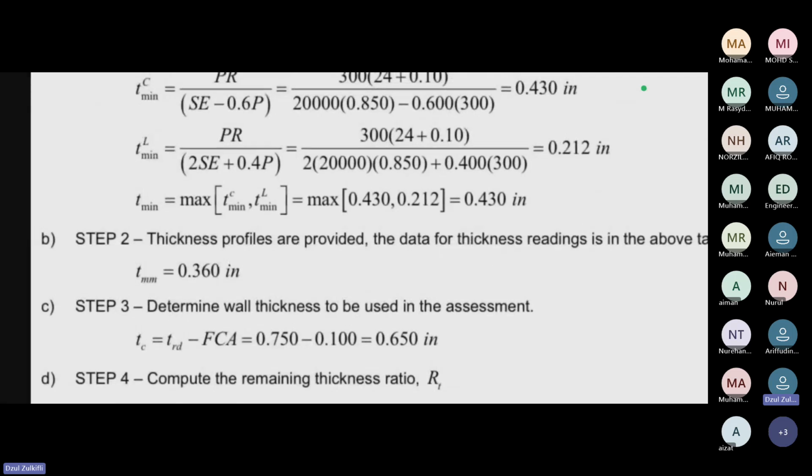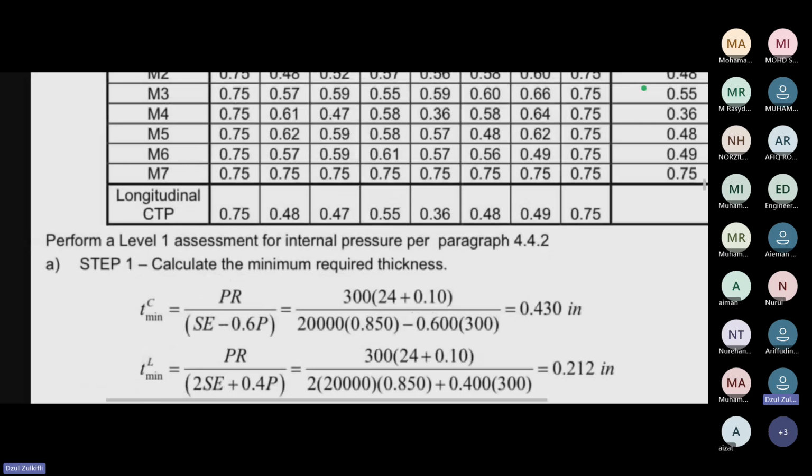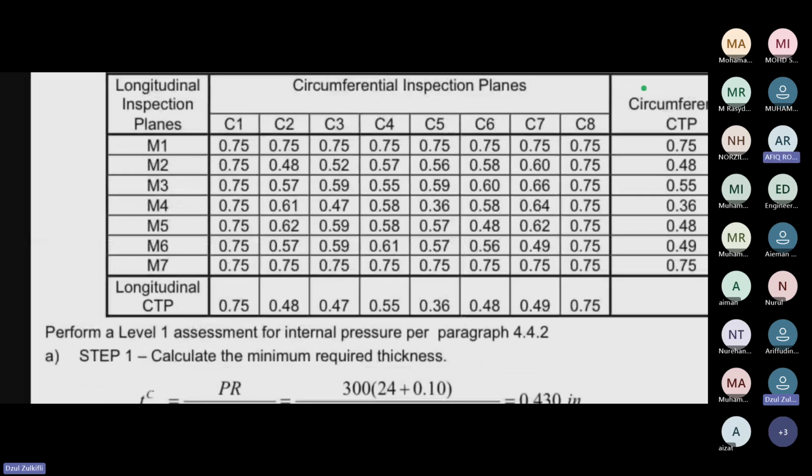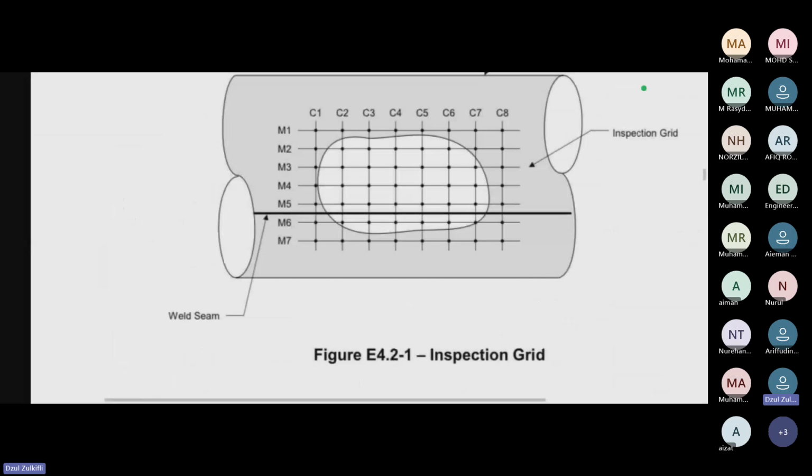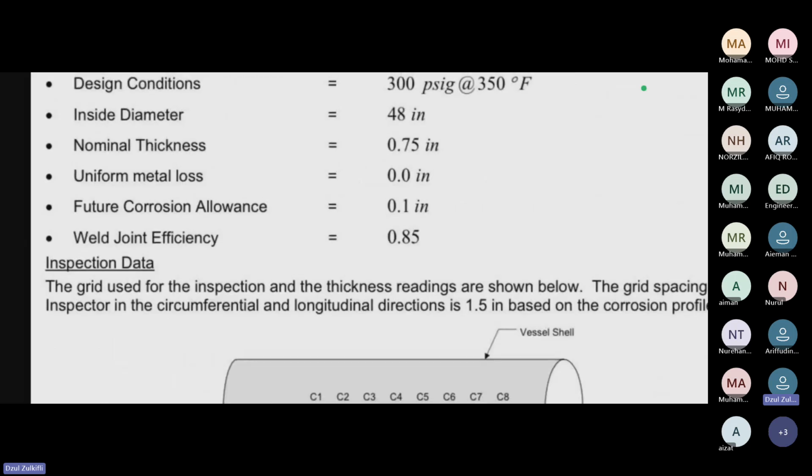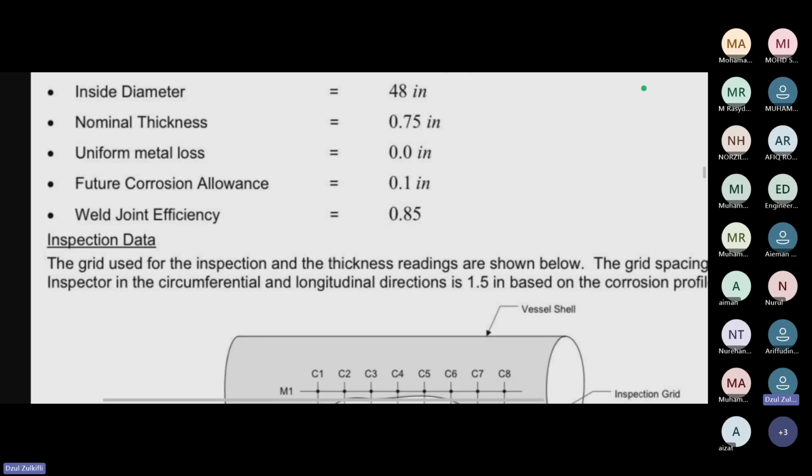So in this example problem, 0.75 is the okay thickness, but we need to take 0.1 off it, the future corrosion allowance, to protect us for the next few years that we cannot repair. In this example. It could be any other number, this future corrosion allowance. It's set by the owner of the equipment.